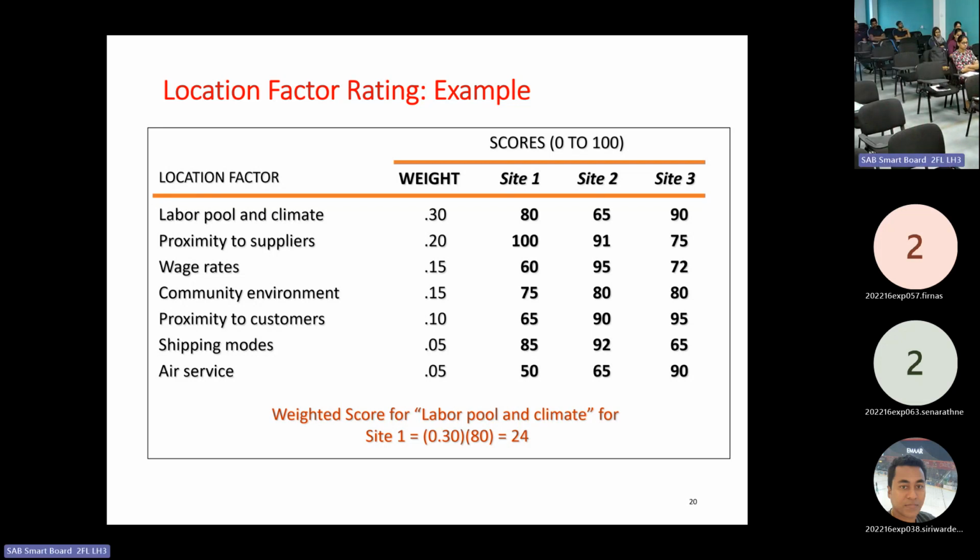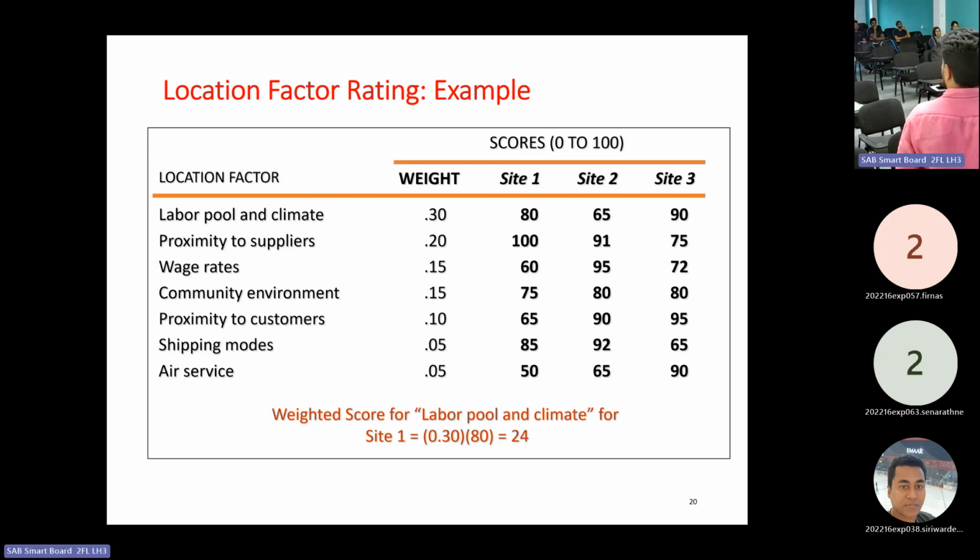In terms of labor pool and climate, in this example, which location is most preferred? Site 1, 2, or 3? By looking at the score. The score is a value between 1 to 100. Right. So which site? Site 3.